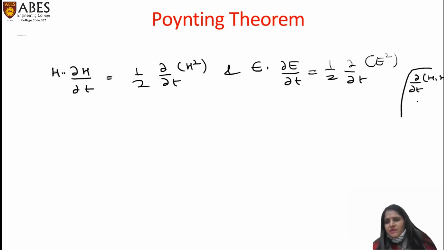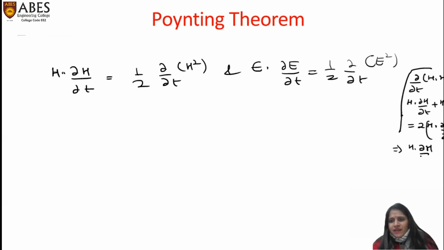That is H dot del H by del T plus H dot del H by del T, which gives us 2 H dot del H by del T. So H dot del H by del T is equal to 1 by 2 del by del T of H dot H, which we can write as H square.